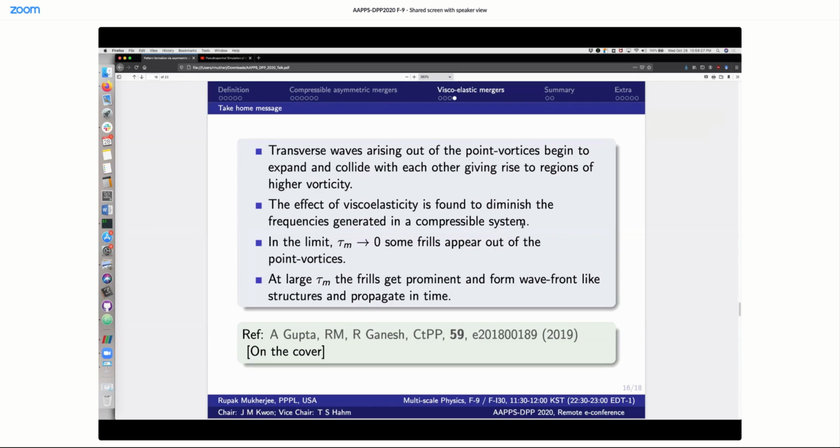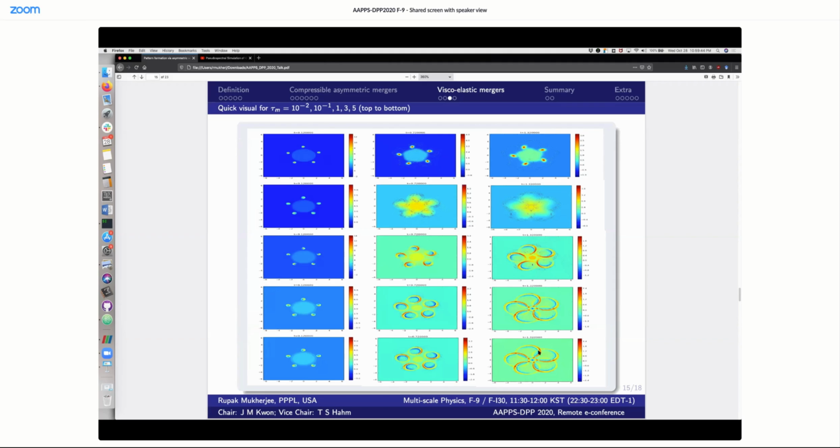This part is something I have not shown in the slides. In the limit tau m equal to 0, some frills appear out of the point vortices. And at large tau m, the frills get prominent and form wavefront-like structures and propagate in time. The sort of structures we are seeing here.